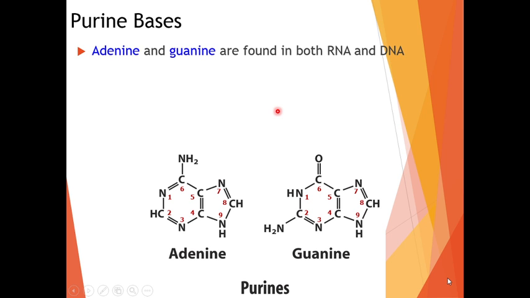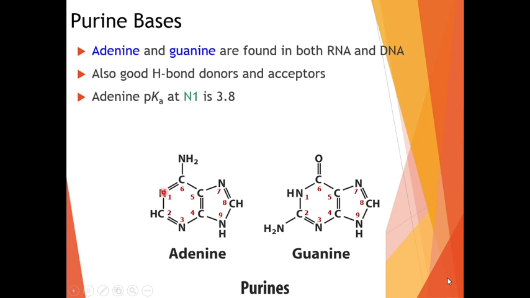Adenine and guanine are found in both RNA and DNA. They are purine bases. They are also good hydrogen bond donors and acceptors. As you can see, this NH2, like I said, can be both hydrogen bond donor and acceptor. This nitrogen can be a hydrogen bond acceptor. Adenine N1 has a pKa of 3.8.